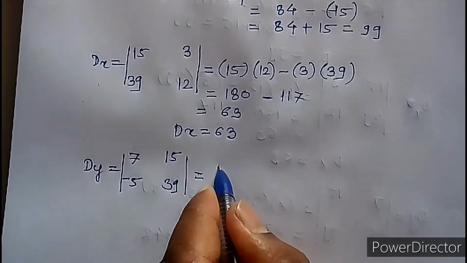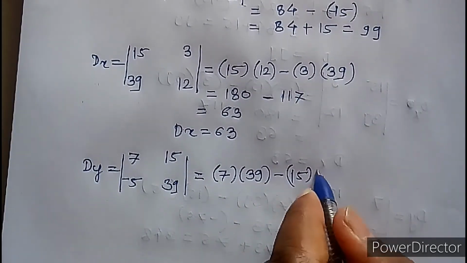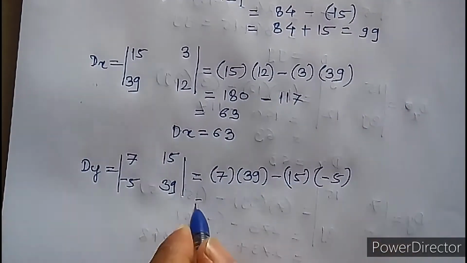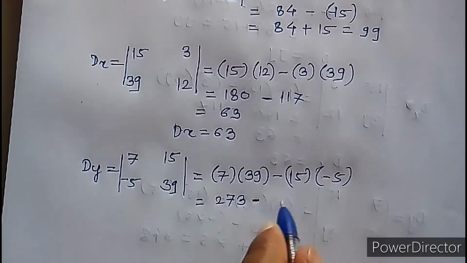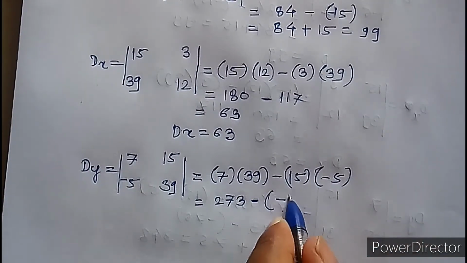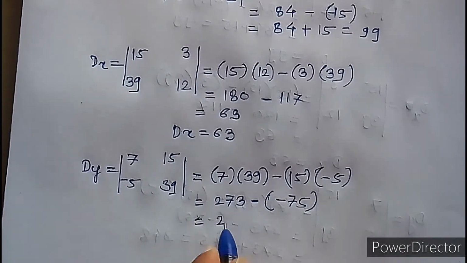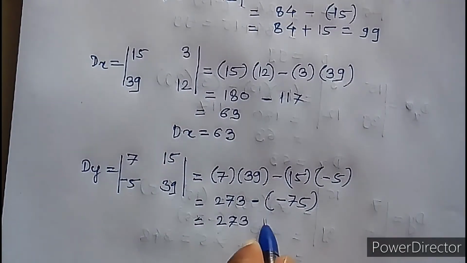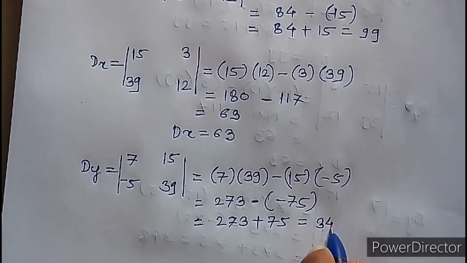Now solve this: 7 into 39 minus 15 into minus 5. Now 7 into 39 is 273 minus 15 into minus 5, that is minus of minus 75, equals 273 plus 75, that is 348.